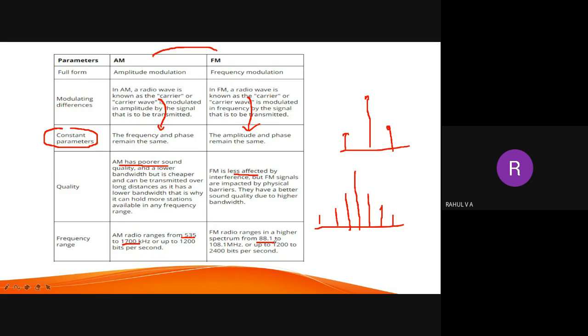If it is FM, they will be writing 88.1 as the starting value and 108.1 at the ending place. Similarly for AM also: the frequency of AM is 535 to 1700 kilohertz, but FM is 88.1 megahertz to 108.1 megahertz.